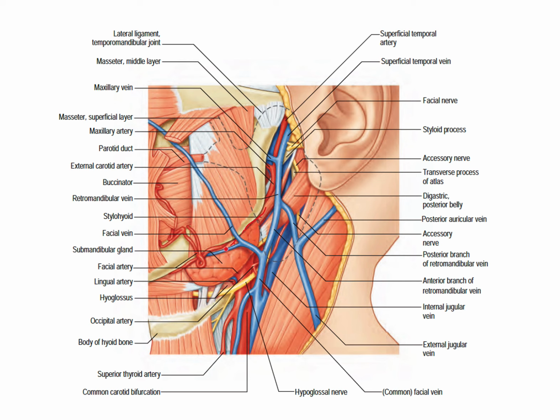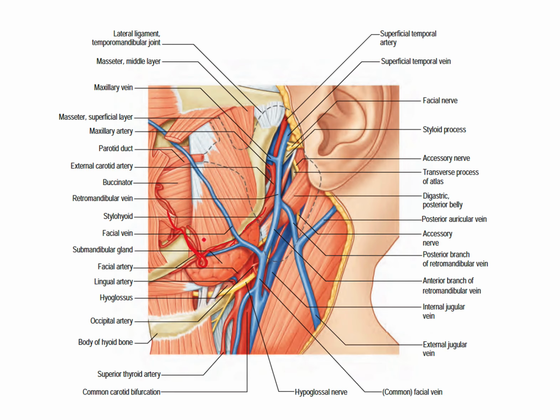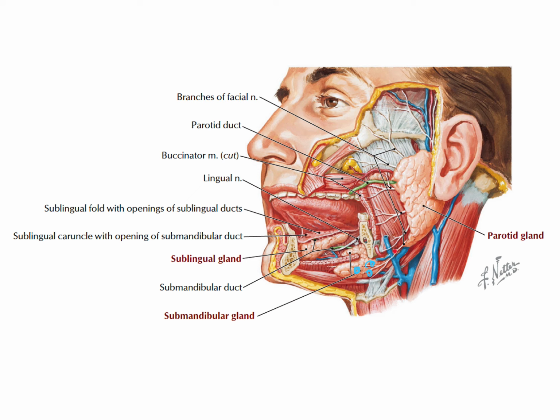And it emerges, guys, from between the lateral surface of the gland and the lower border of the mandible, or you can say the insertion of medial pterygoid, and it becomes lateral to the gland, as you see here. Then it ascends up on the face. Okay, here's also the facial artery.